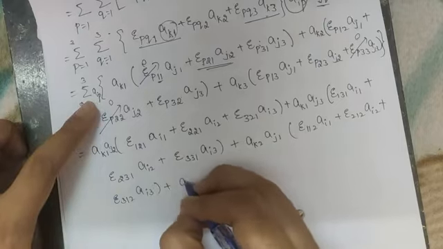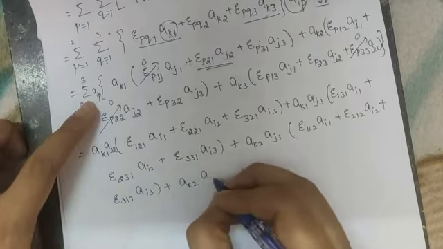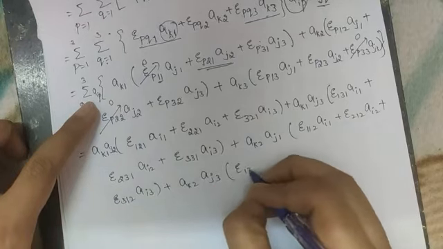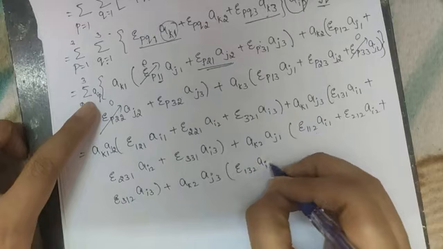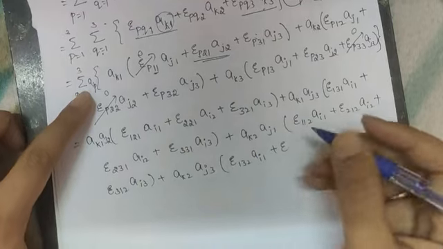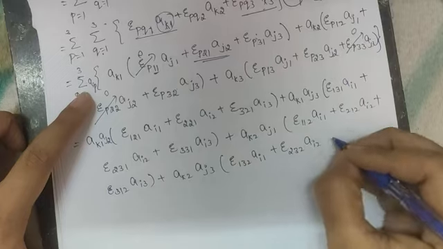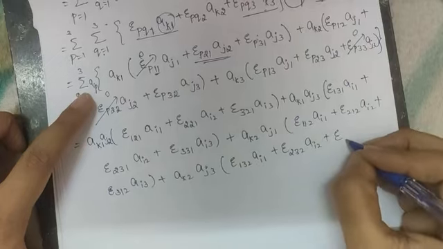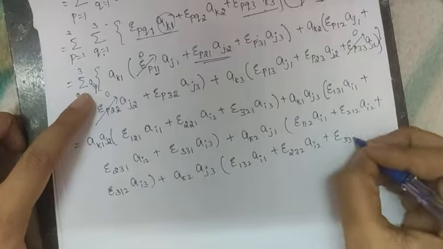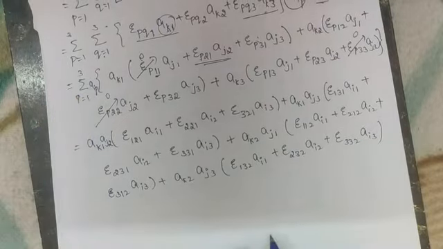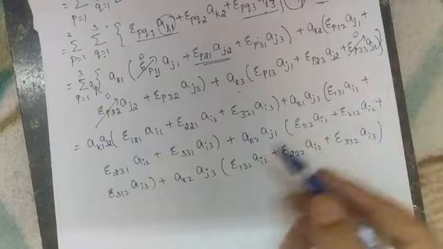Plus ak2 into aj3 into epsilon 132 ai1 plus epsilon 232 ai2 plus epsilon 332 ai3. Right? So again I have one more term.